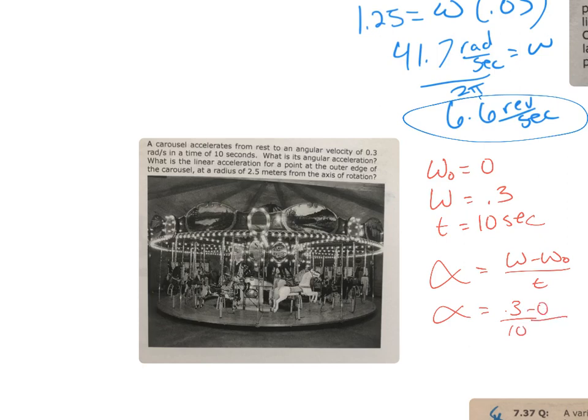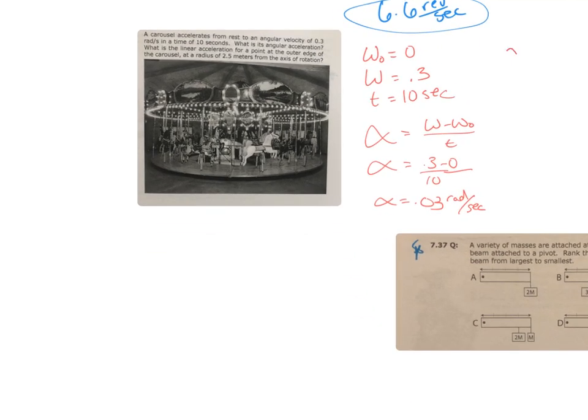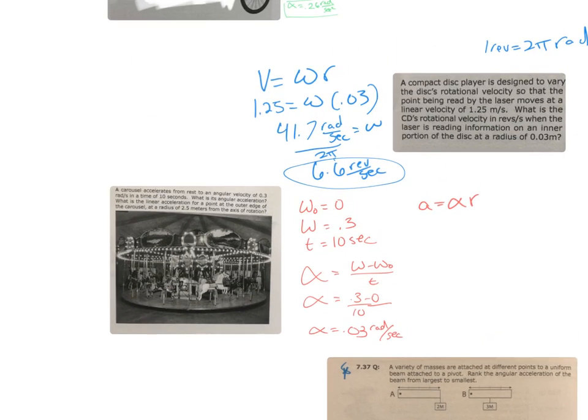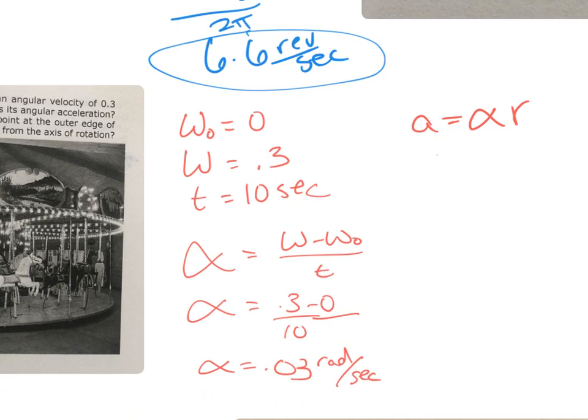So 0.3 divided by 10 is 0.03 radians per second squared. To get the linear acceleration, a is equal to alpha r, just like velocity is equal to omega r. And so I would do acceleration equals 0.03 times 2.5. And if you do that, you get acceleration is equal to 0.075 meters per second squared.